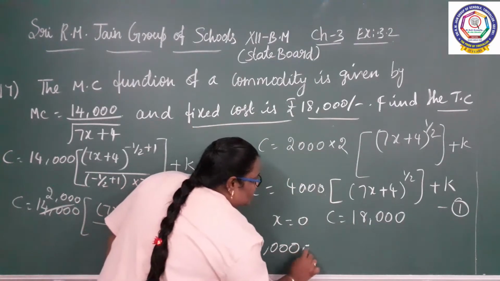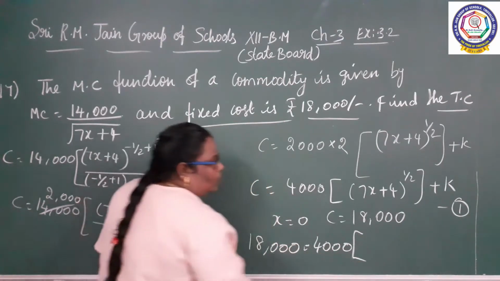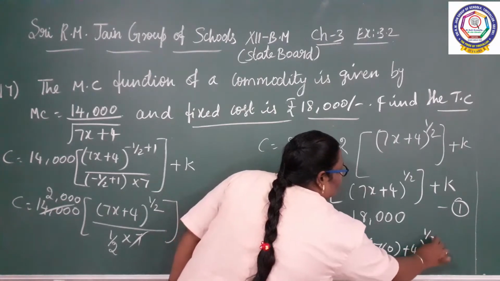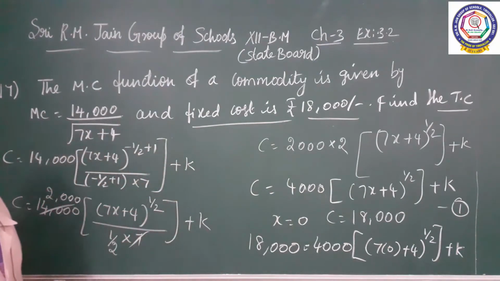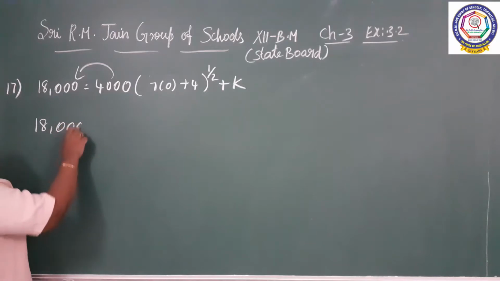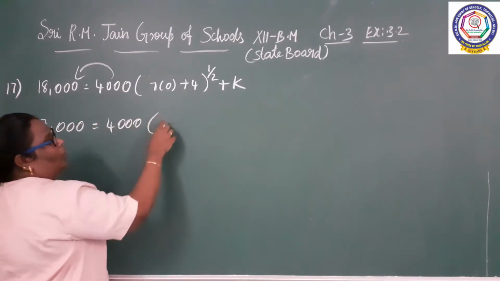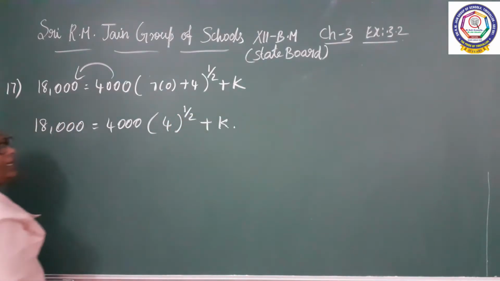C equal to 18,000 equal to 4,000 into (7 into 0 plus 4) whole power 1 by 2 plus k. 18,000 equal to 4,000 into 4 whole power 1 by 2 plus k.